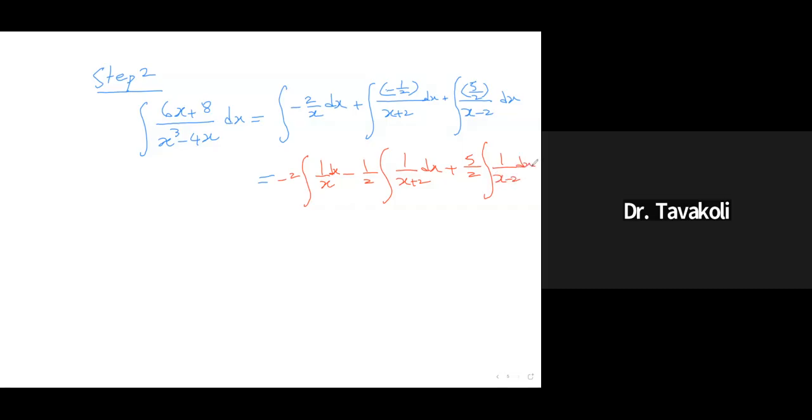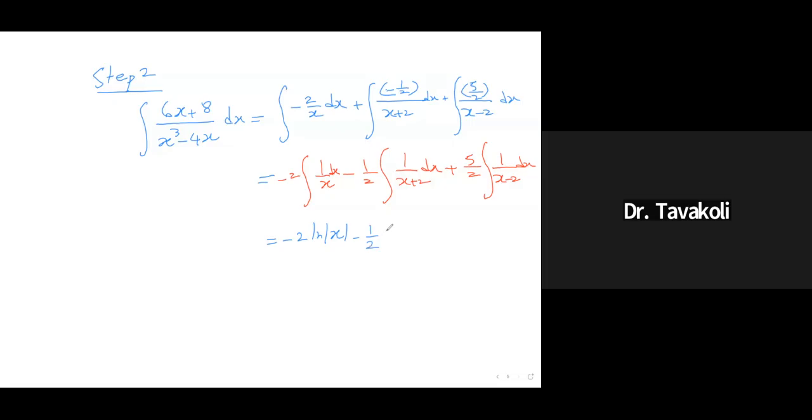In the beginning of the previous video, I reminded you about the integrals of the form 1 over x or 1 over x + k. Based on that reminder, we can have the final answer. Integral of 1 over x is ln of absolute value of x.